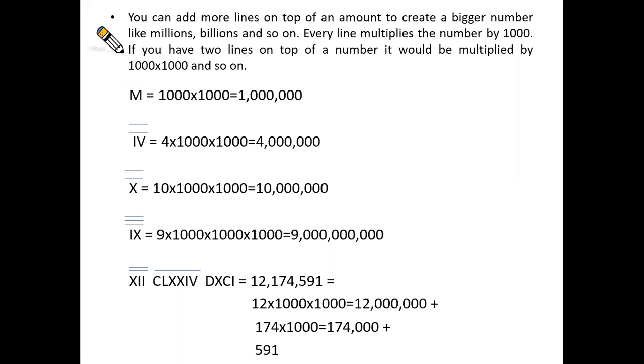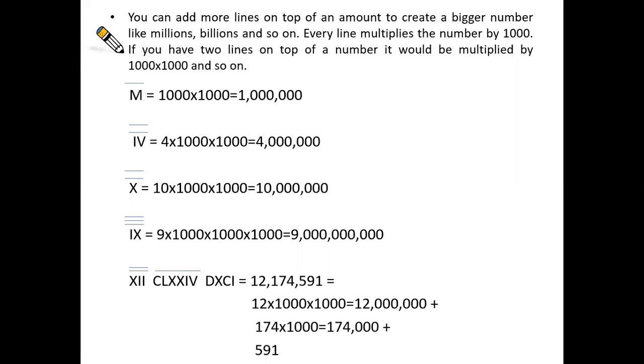You can add more lines on top of an amount to create a bigger number, like millions or billions, and so on. Every line multiplies the number by 1,000. If you have 2 lines on top of a number, it will be multiplied by 1,000 times 1,000, and so on. So an M with 2 lines on top of it will be 1,000 times 1,000, making 1,000,000.